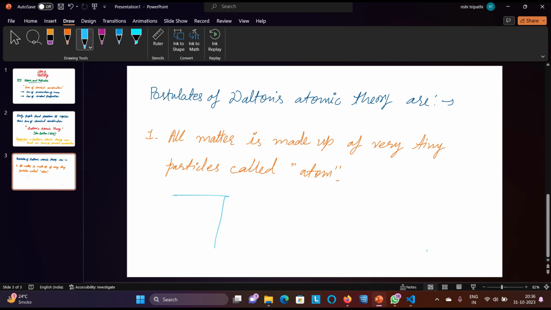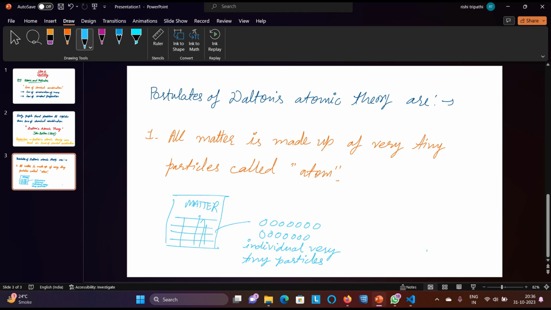So if we consider any matter, this matter will be made up of very, very small individual, very tiny particles, which are called atoms only.